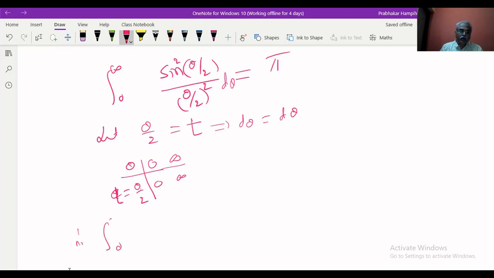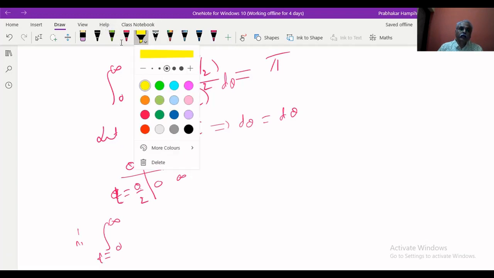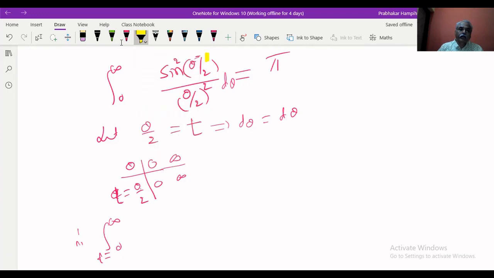Therefore, in terms of t, after transforming, theta should not remain. T should appear, theta by 2. Wherever theta by 2 is there, I substitute t, and d theta becomes 2 dt. Can you see this?